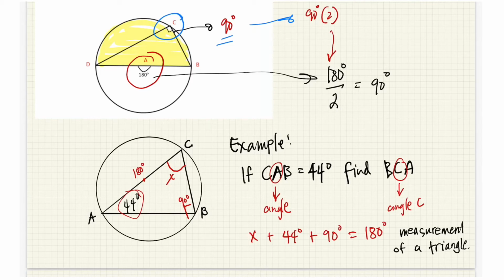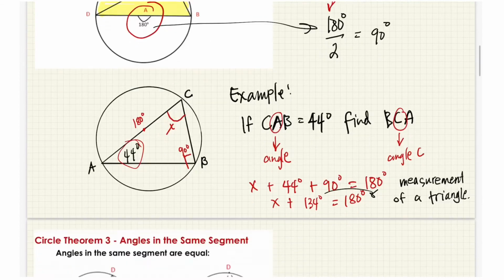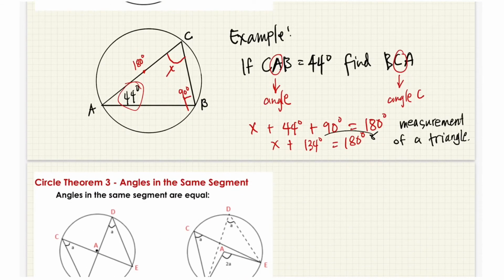So here we have x plus 134 degrees is equal to 180 degrees. Next, we move this to the other side, so we have x is equal to 180 degrees minus 134 degrees. So the answer is x is equal to 46 degrees.